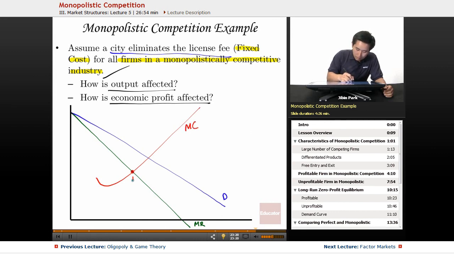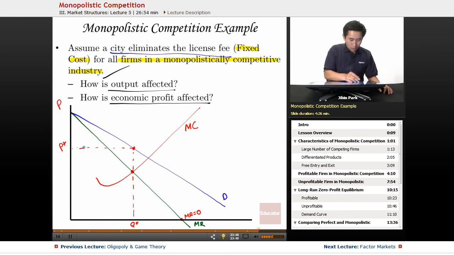The profit maximizing point here is where marginal cost equals marginal revenue. And again, I'm going to put MR equals 0 here. That is a revenue maximizing point. And here's P star. And so that is the profit maximizing quantity here.